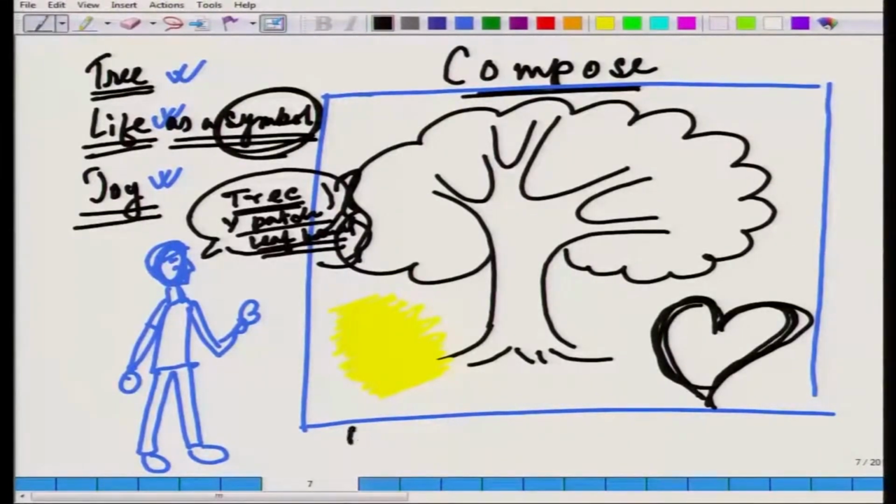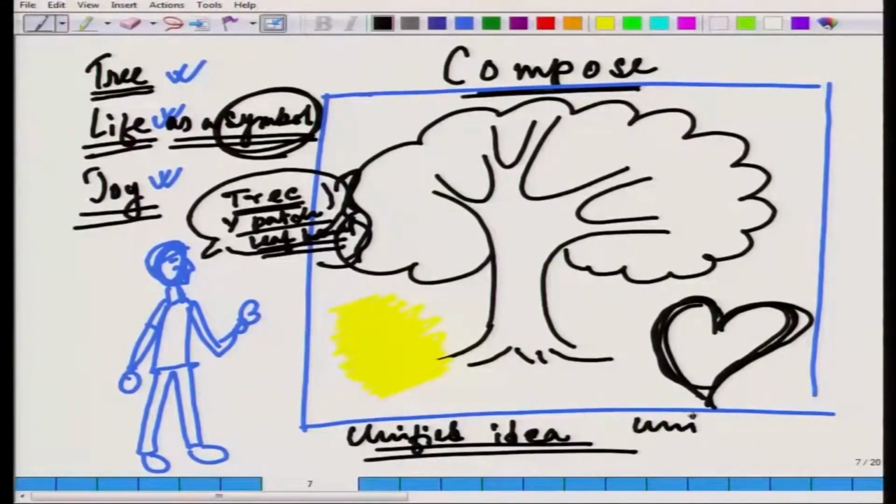So, the unified idea may not always yield a unified visual representation. So, this whole dilemma of conceptual harmony and visual harmony has to be addressed very carefully throughout.